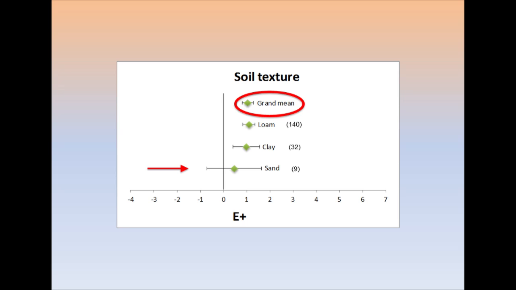And the first result you see here, if you look at the texture of the soil, that light textured soils like sands, there was no significant increase, which might mean that sandy soils have physical limitations for earthworms.